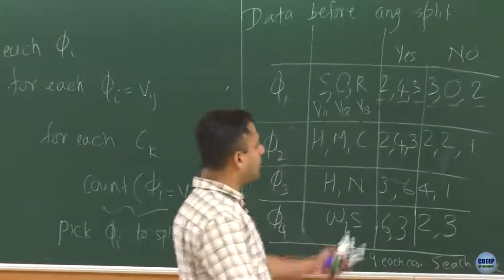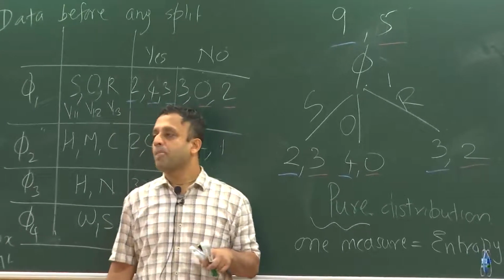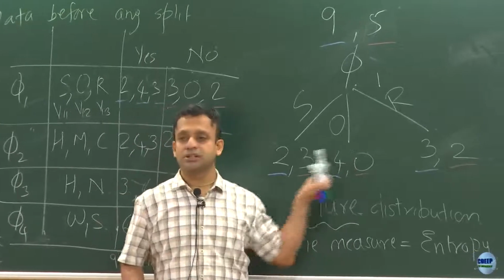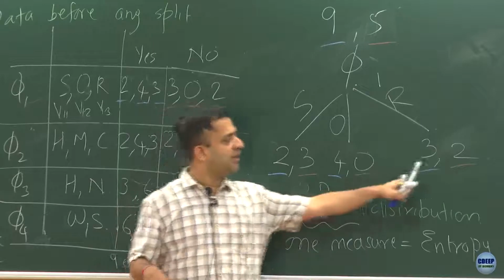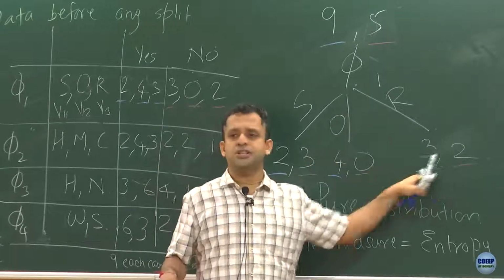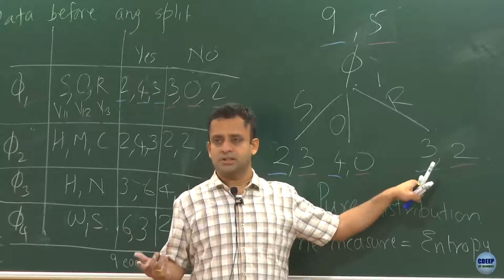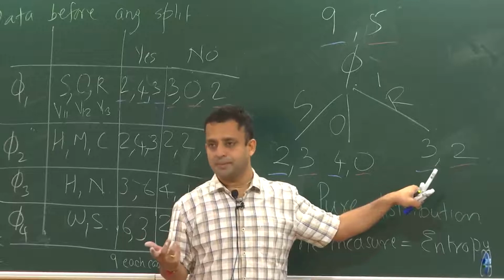When I split on an attribute, let's say I split on this attribute, which class will I assign? For example, if I say phi 1 equals R, which class would I assign here? The class with the highest probability.